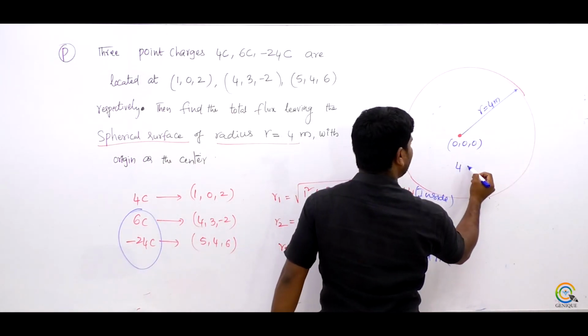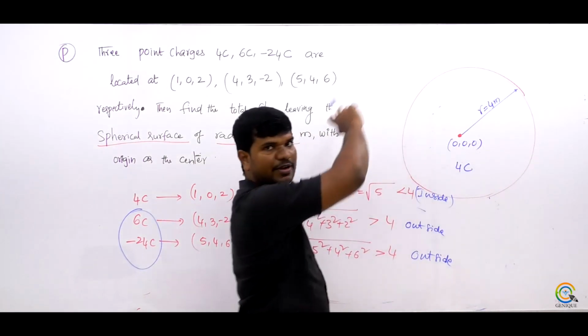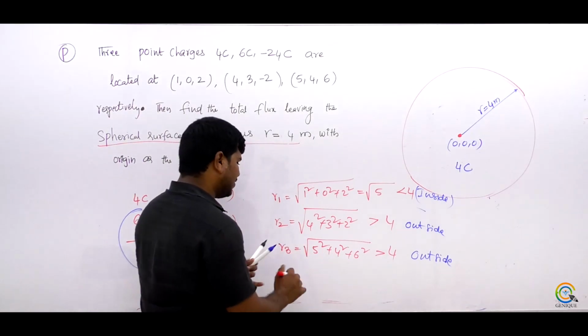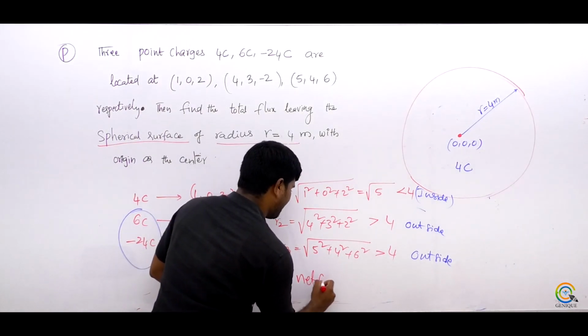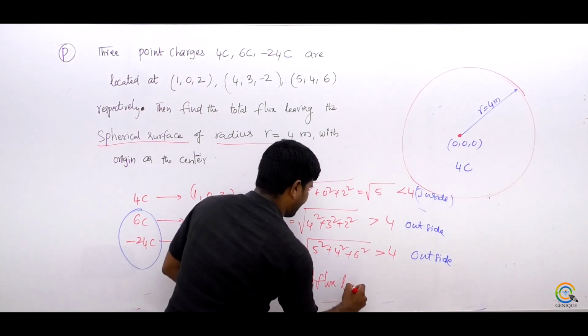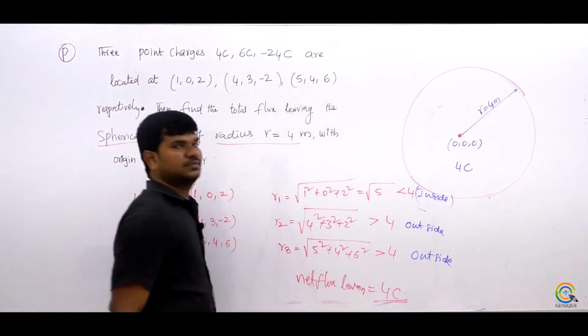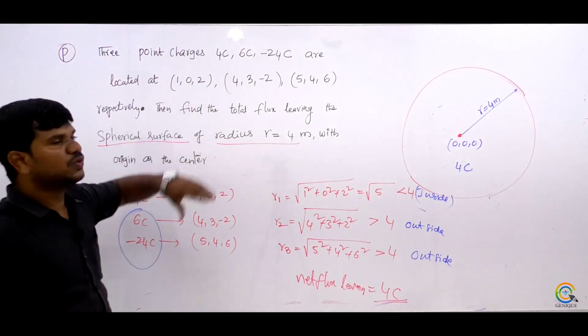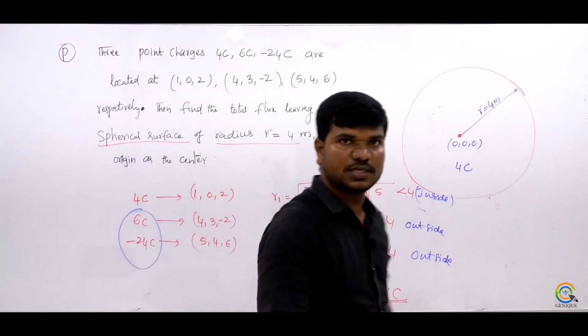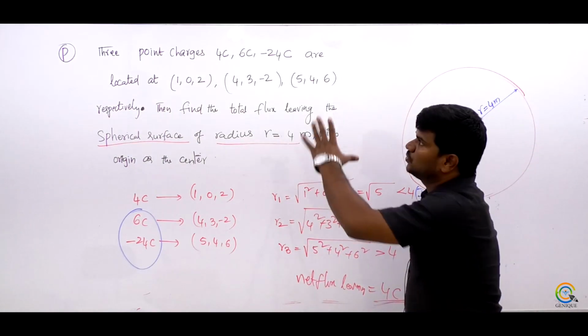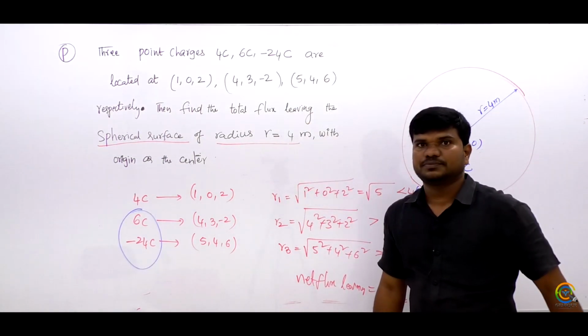Only 4 coulombs is included in the given sphere. So the net flux leaving equals 4 coulombs. Like this we have to approach these kinds of questions. So this is for the point charges.